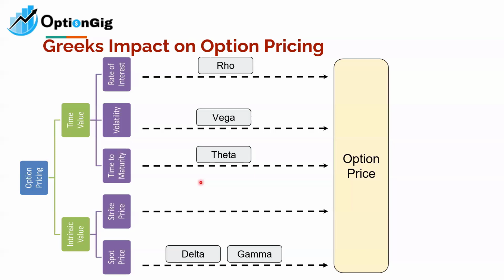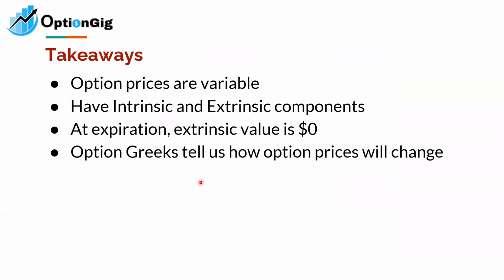These are the inputs that go into the option pricing formula. So that's an overview of option pricing. These are always variable. They keep changing. If you bought or sold an option today, tomorrow it will be trading at a different price. Within an hour, it could be trading at a different price.